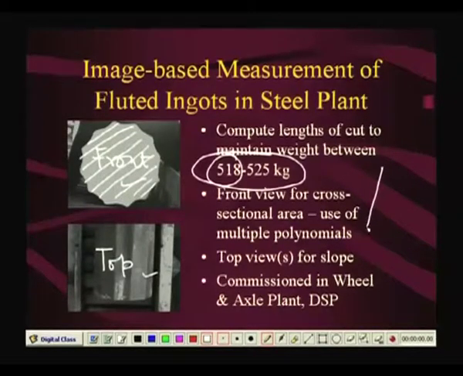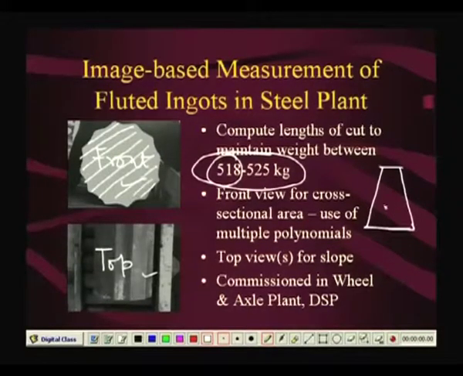It is not seen, but actually the ingot cross section is, this is an exaggerated view, there is a 2-3 degree angle taper. So, you need to really estimate this taper angle theta to be able to know that if the area is A here and if the taper is theta, then where you should cut, so that this will give you a particular mass assuming a certain density.